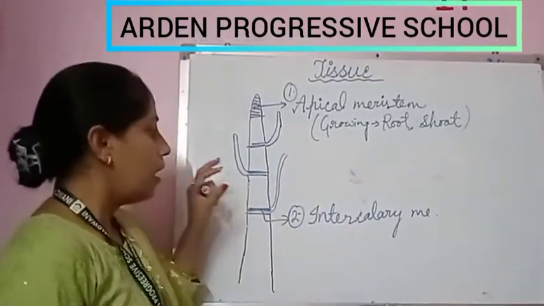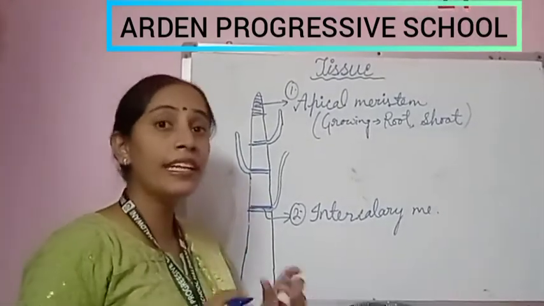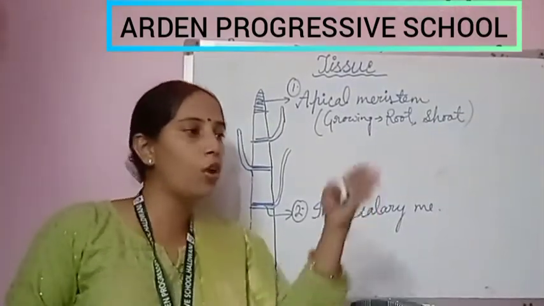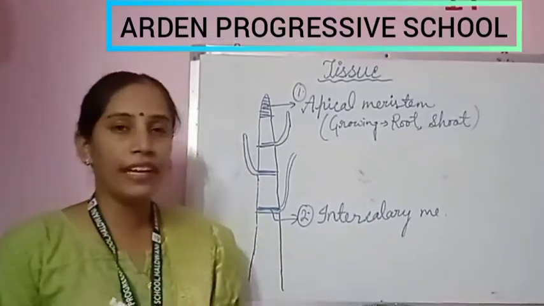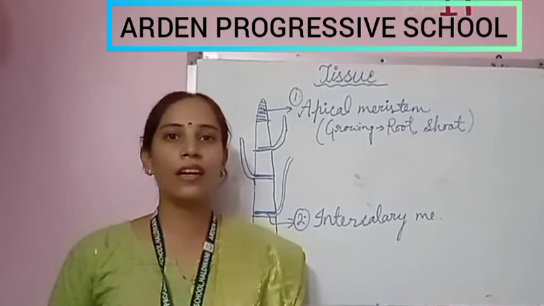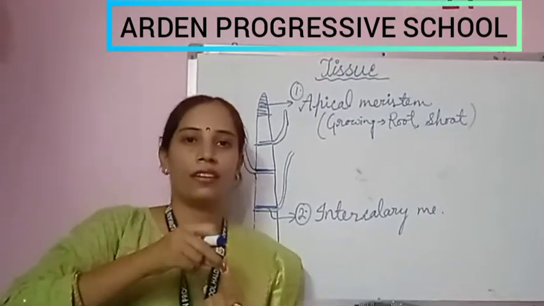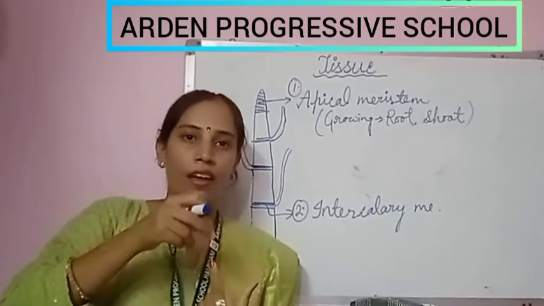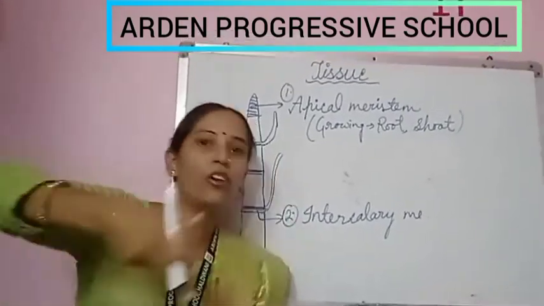Clear? Next, the third one is the lateral meristem. Lateral meristem is present on the sides of the branch. Suppose you take the example, when the plant is very young, its shoot is less in girth. It is green in color. After some time, after years and years, it grows in girth also.